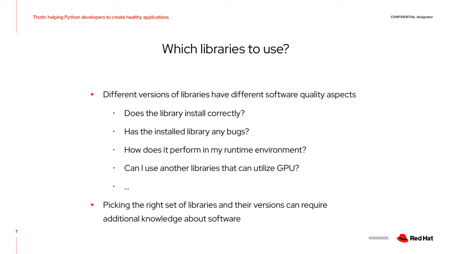Picking libraries to satisfy all these requirements can be tricky, and it requires additional knowledge, such as which libraries install into the environment, which libraries do not have bugs that can occur in our applications, or which libraries utilize the GPU that is offered inside our environment and use a GPU for computationally heavy tasks.